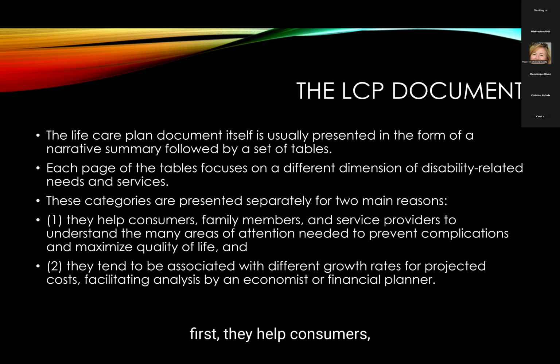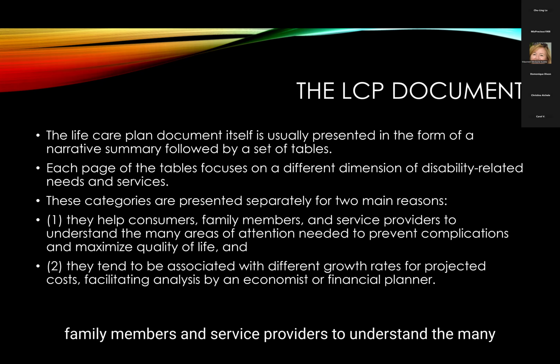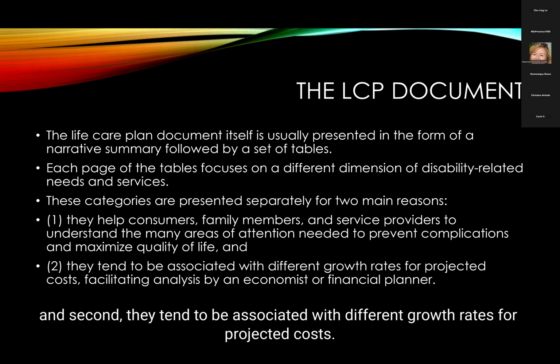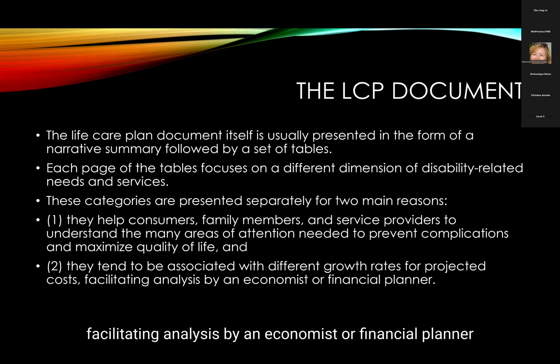First, they help consumers, family members, and service providers to understand the many areas of attention needed to prevent complications and maximize quality of life. And second, they tend to be associated with different growth rates for projected costs, facilitating analysis by an economist or a financial planner.